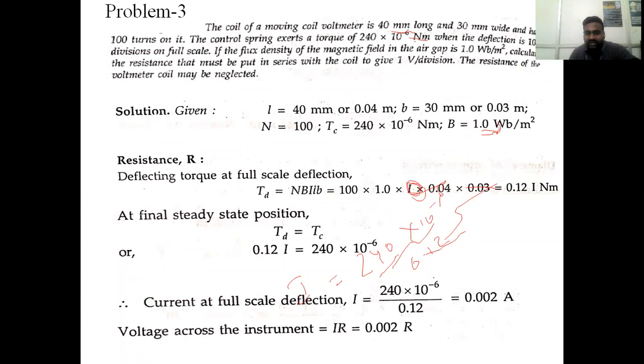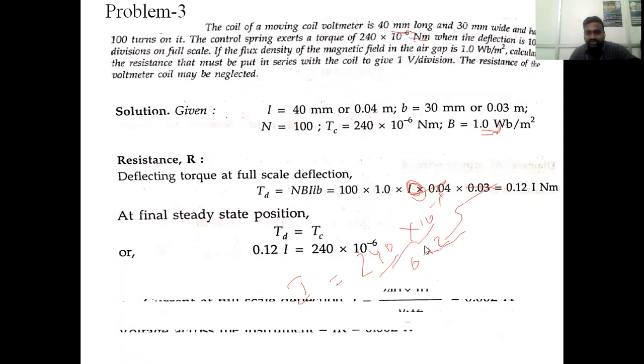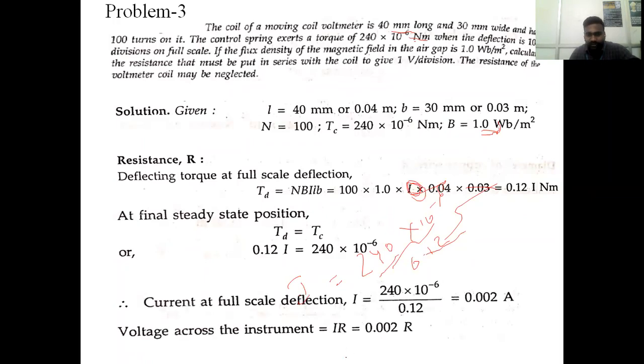So after finding the current, 2 milliamps, what do we have to do? We need to calculate the resistance. The resistance we need to calculate is nothing but a series resistance which is connected at 1 volt per division.